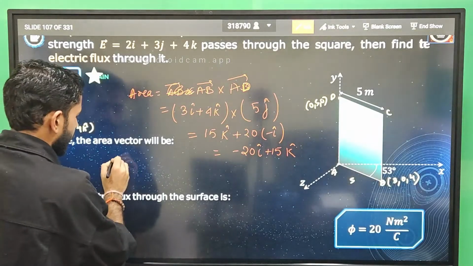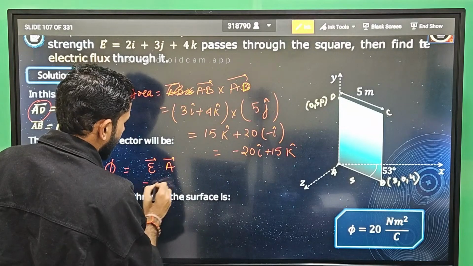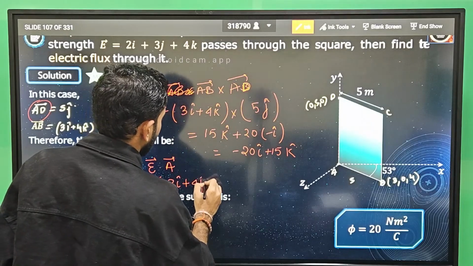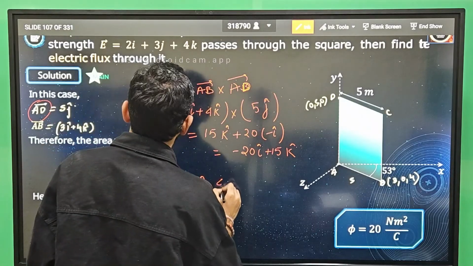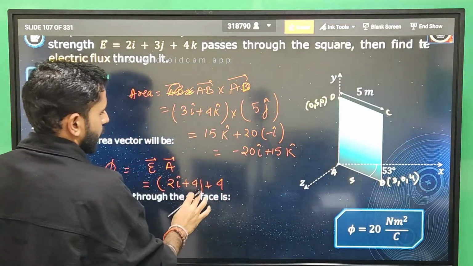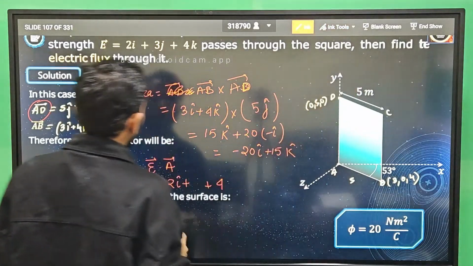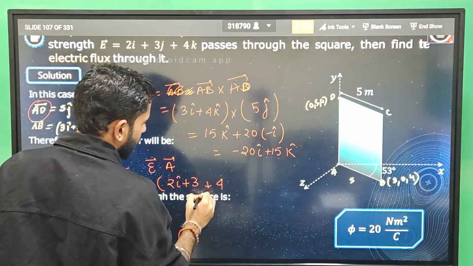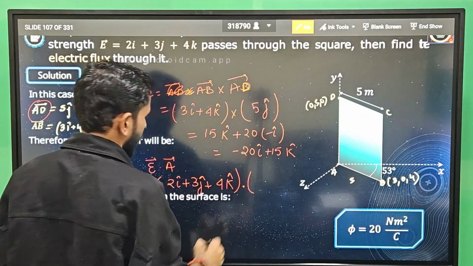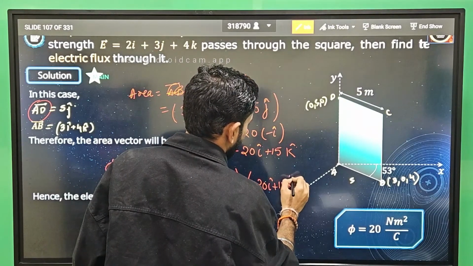Now how will you define flux? Flux you will define as E dot A. Now what is your electric field vector? It is 2I plus 3J plus 4K, dot product with minus 20I plus 15K.